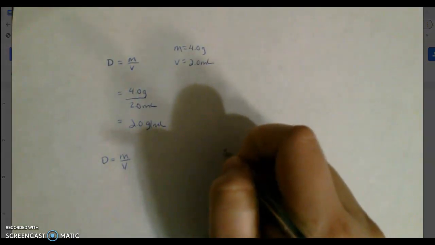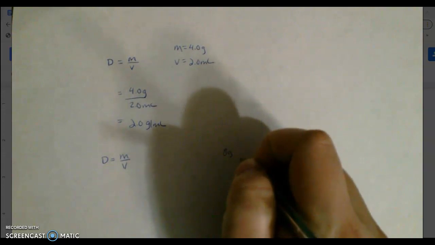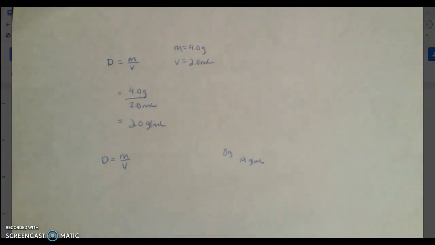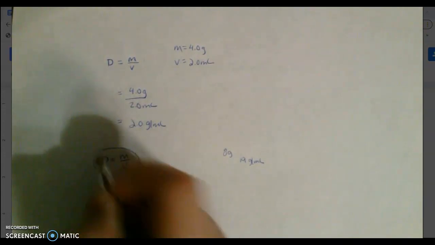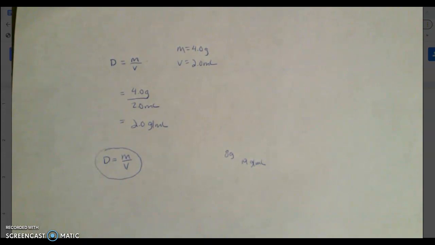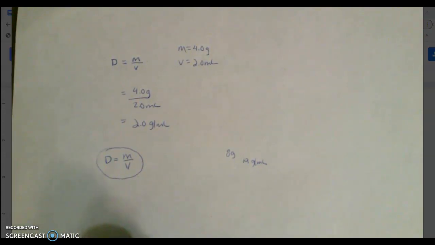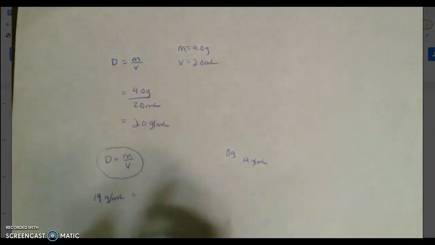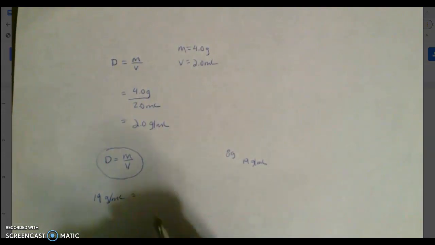I'm going to write down 8 grams, and then also 19 grams per milliliter is the density of gold about. So we can either memorize just this one equation and have the algebra chops to manipulate it. So I'm going to do that first. So first example of solving this, I'm going to put 19 grams per milliliter because that's the density of gold about. On the left side, that's density.